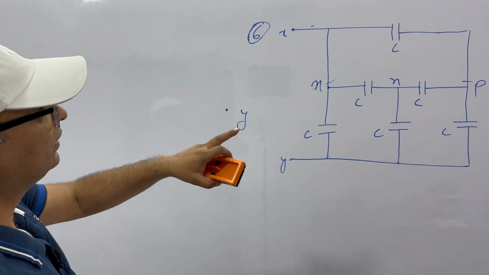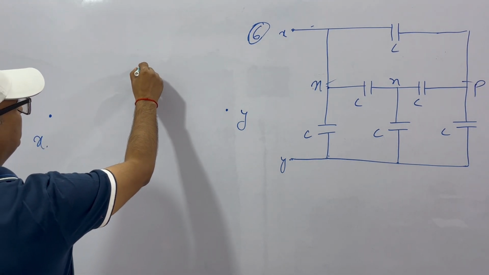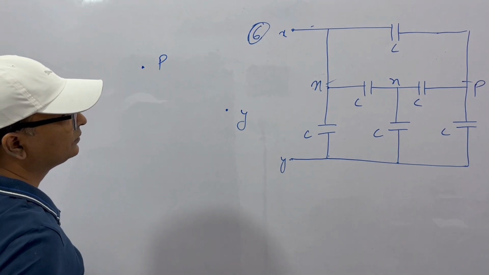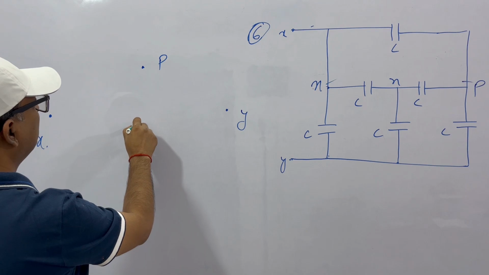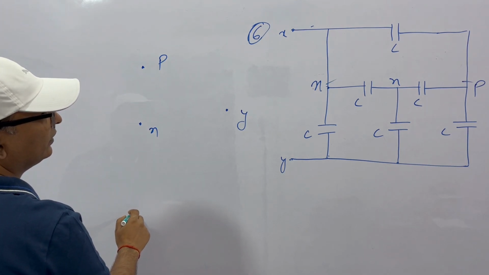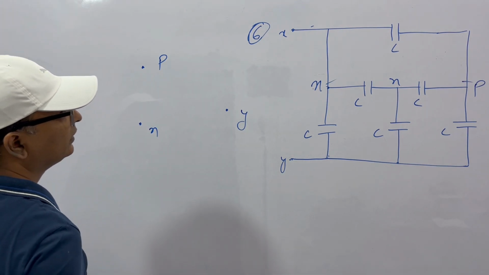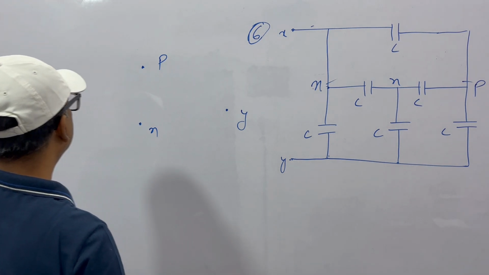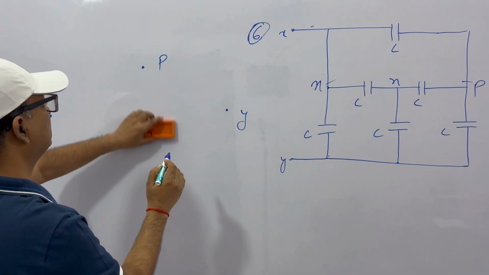Now P I am taking somewhere here, let's say P is here, and then we have N here and Y is here. We have only these 2 points. Okay, so let's put N here.